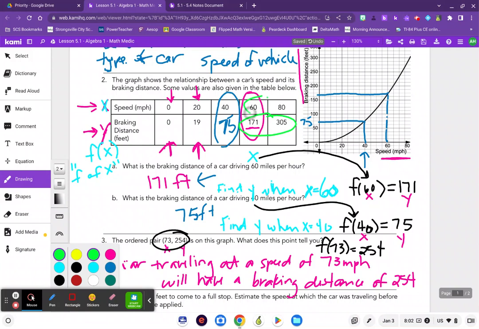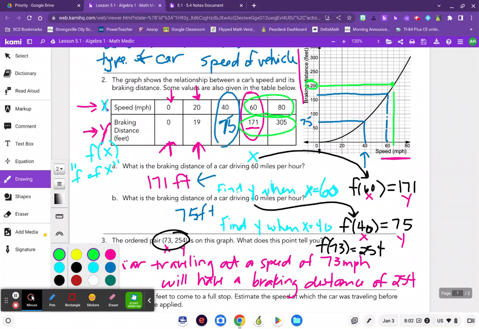And so that means that my speed is somewhere between 60 and 80. Not super helpful. So I'm actually going to go to my graph, and I'm going to look at where 200 is. That stopping distance of 200 is on my graph, and I'm going to follow that over to my curve. And there we are. So I'm going to drop down.